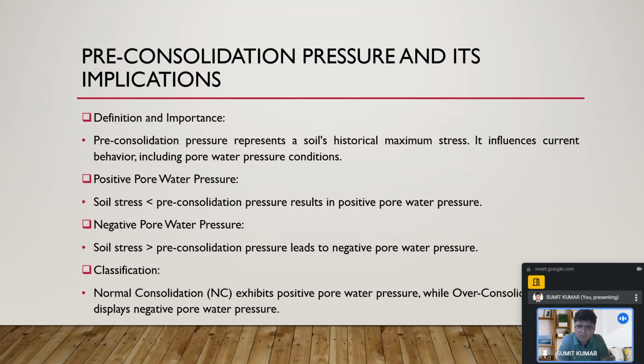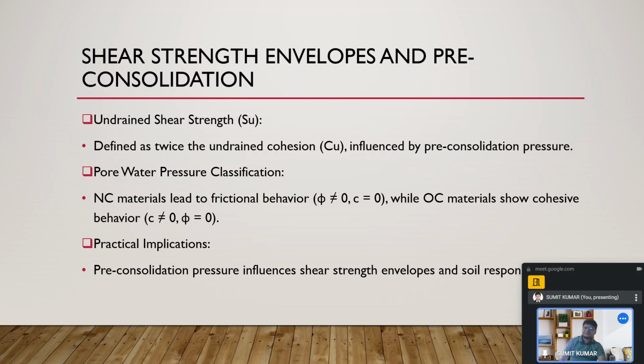If the soil stress is less than the pre-consolidation pressure, it results in positive pore water pressure. If the soil stress is more than the pre-consolidation pressure, it leads to negative pore water pressure. In classification, normally consolidated soil exhibits a positive pore water pressure, while over-consolidated soil displays a negative pore water pressure. So these aspects need to be addressed.